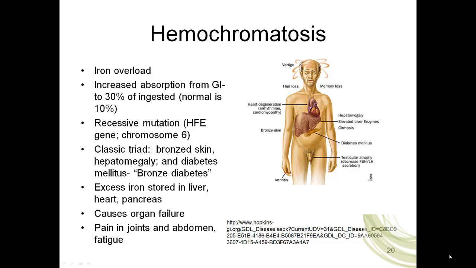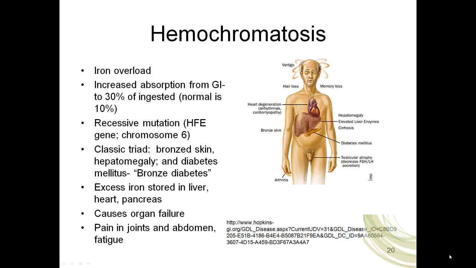And the third thing that they present with is diabetes mellitus, because the pancreas also starts to die, if you will, from this iron overload. So we say they have bronze diabetes. In addition to profound organ failure because of the excess iron being stored in the liver and the pancreas, the heart is also at risk, with heart degeneration.